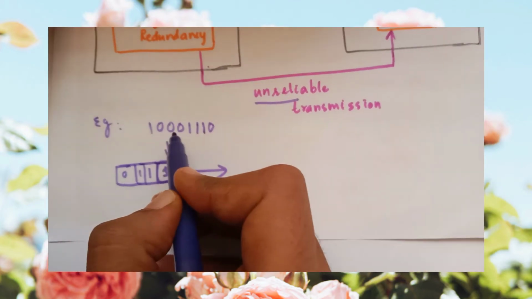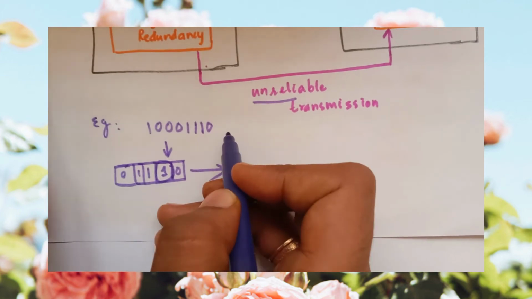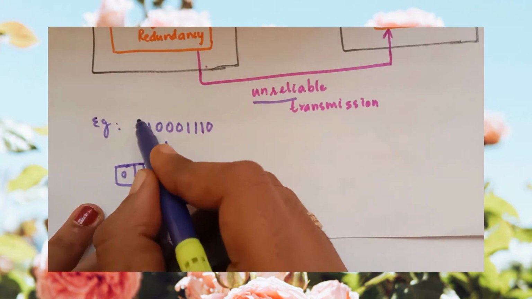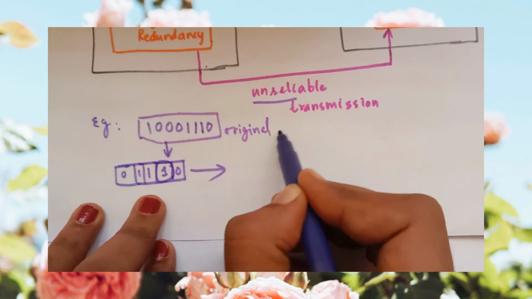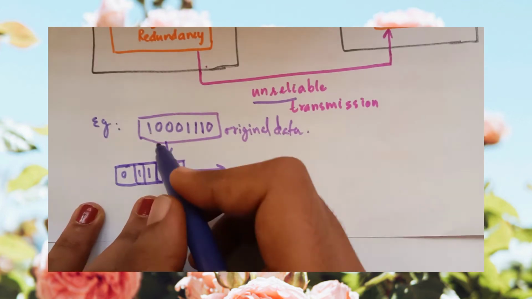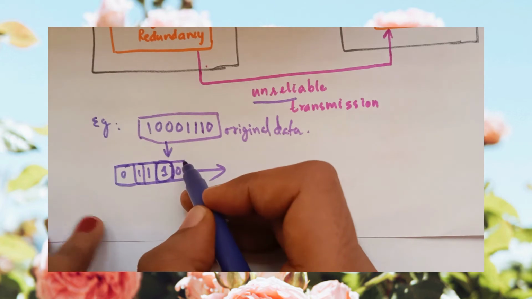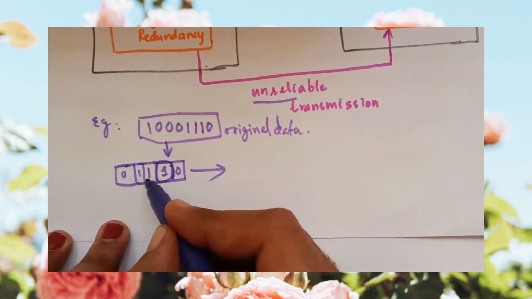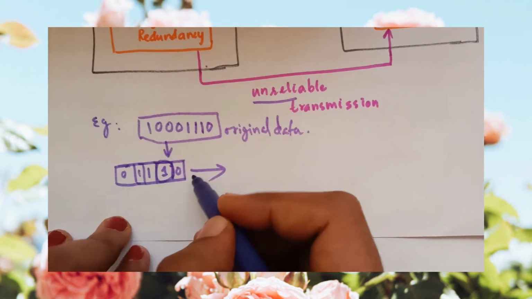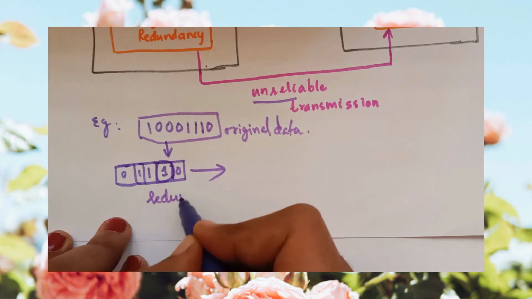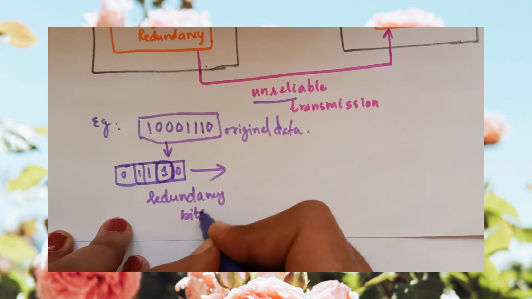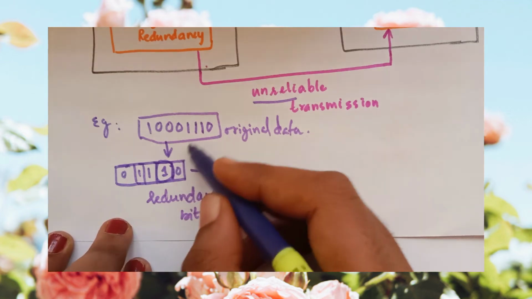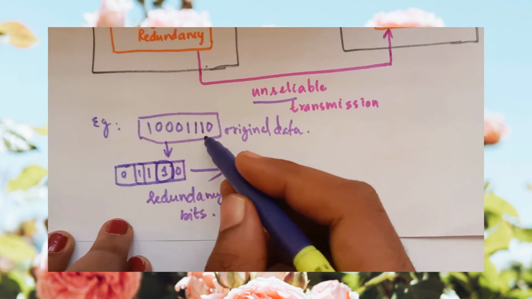For example, 100110 is the original message. We are adding some redundancy bits to the original data, that is 01110, the redundancy bits. We are attaching this redundancy bit to that original data.